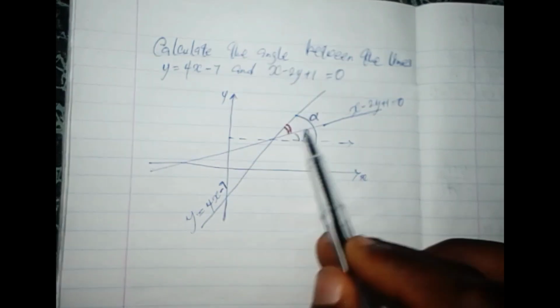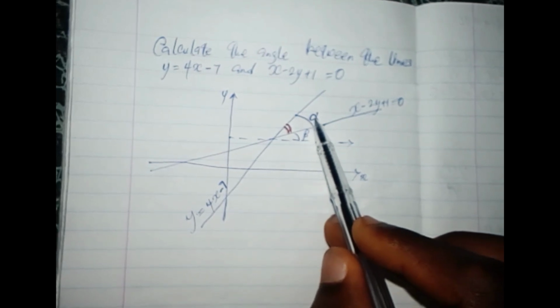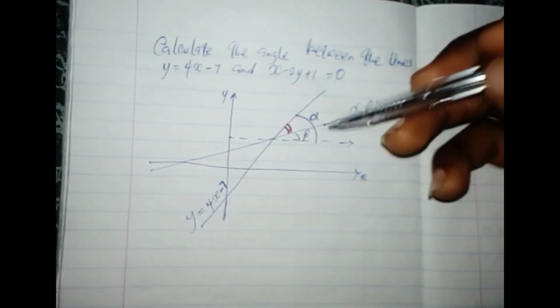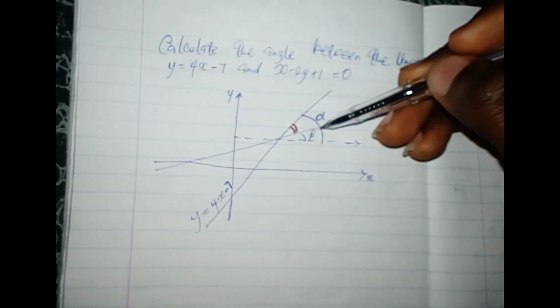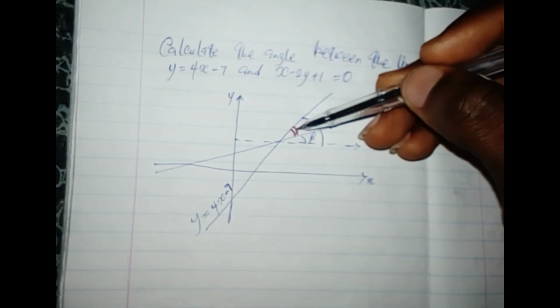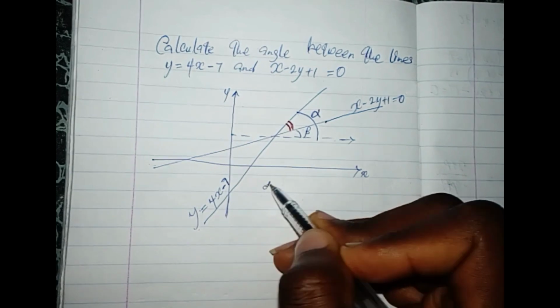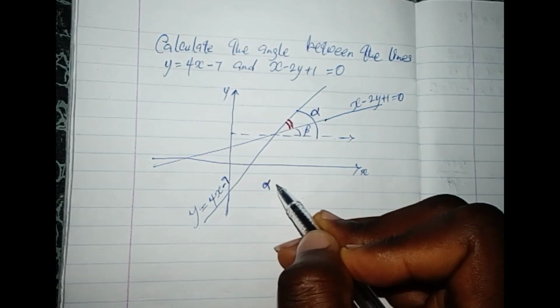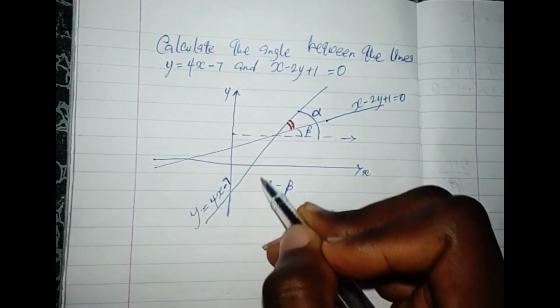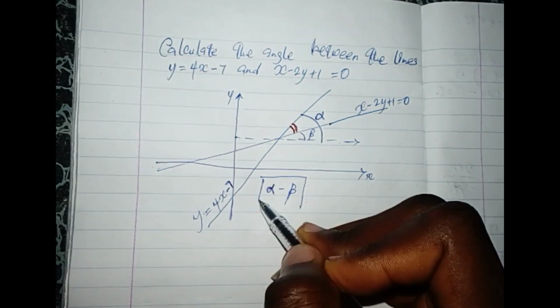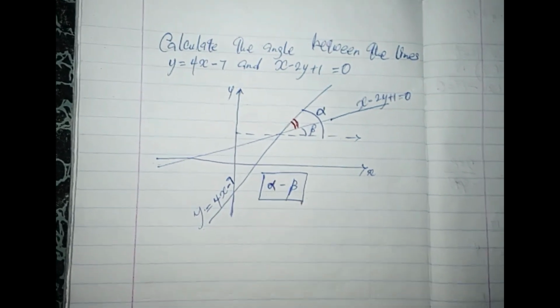So the angle between them should be alpha minus beta, because when you take off beta from the whole of this, you would have this angle. Yes, that's just logical. So alpha minus beta is the thing we are asked to find in this question.